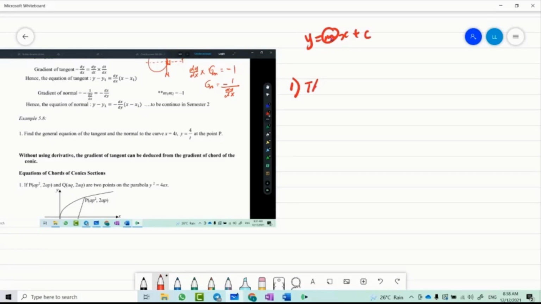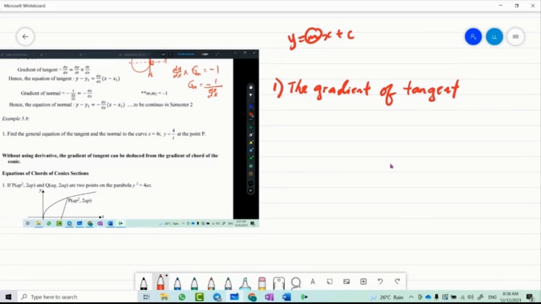So now I want to find the gradient of the tangent. Write it properly, because you have many gradients and many equations.